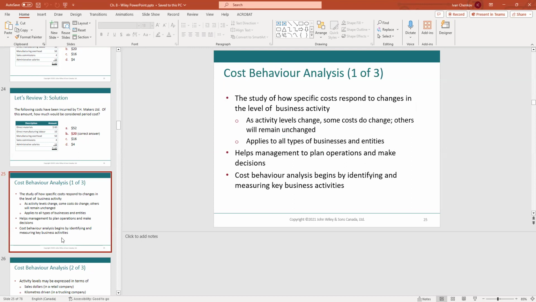So how do the costs behave? Now, before we move to that point, I want you to understand something. A company has sales and has costs, right? For different purposes, those costs can be divided into different classifications. For preparing financial statements, we're going to divide into cost of goods sold and operating expenses.